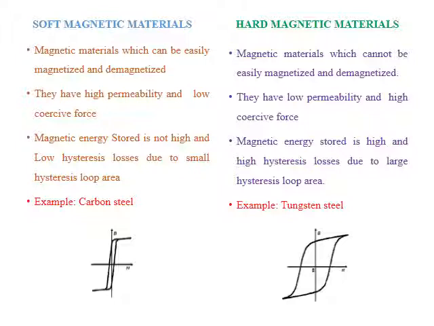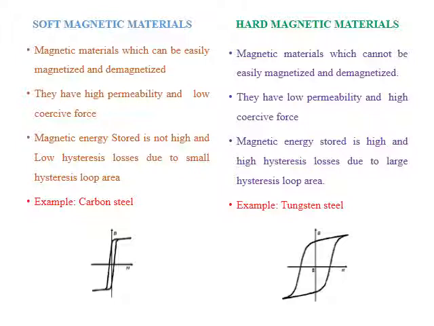Soft magnetic materials are magnetic materials which can be easily magnetized and demagnetized, and they have high permeability and low coercivity. The energy stored in them is not high, and they have low hysteresis losses due to the small hysteresis loop. The hysteresis curve for these soft magnetic materials is represented in the bottom diagram. Carbon steel is a good example.